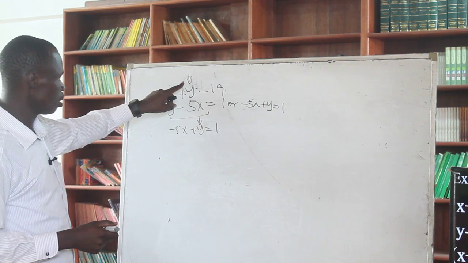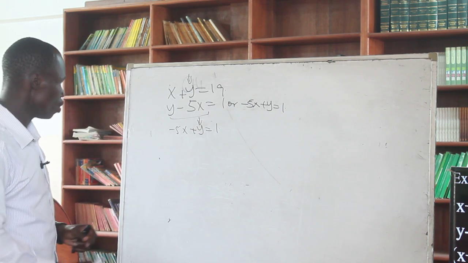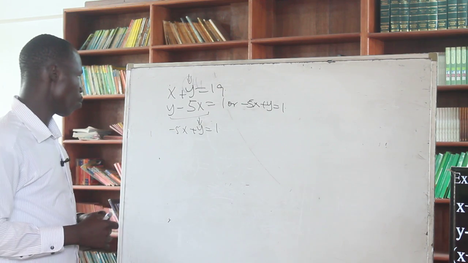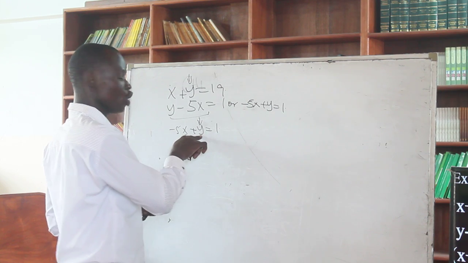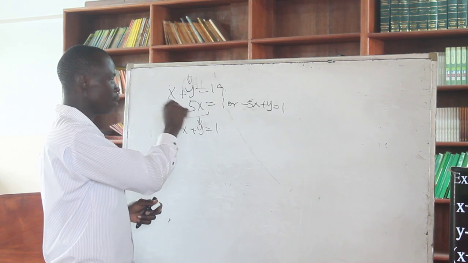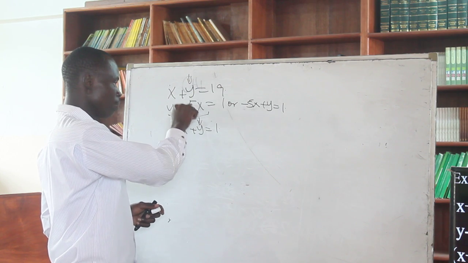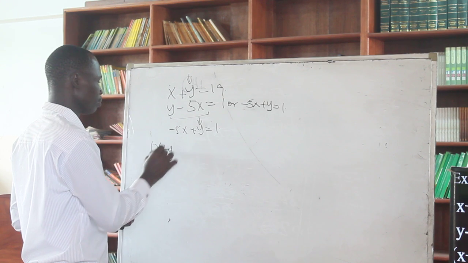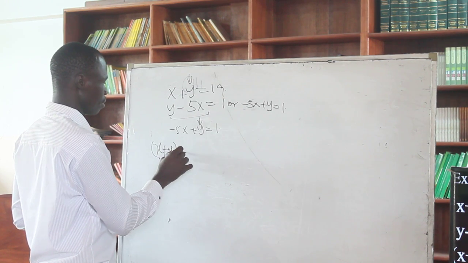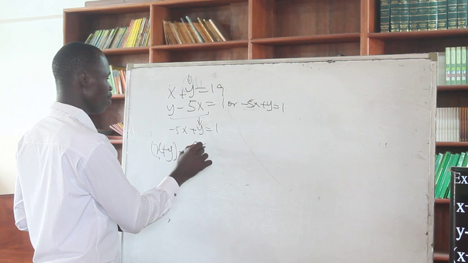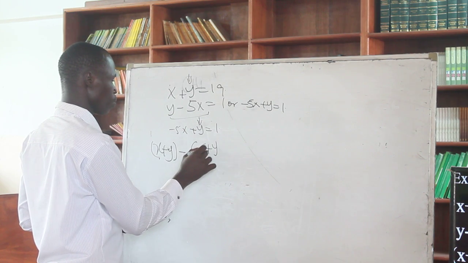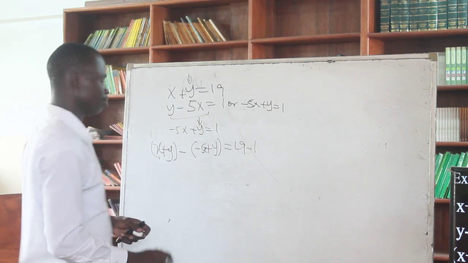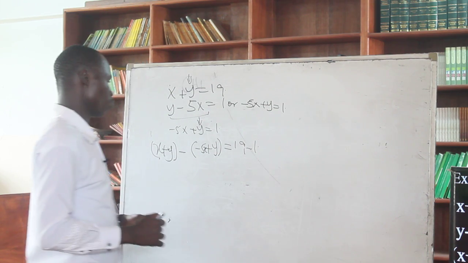Now, you are comparing this and this. You see this is positive y, this is positive y. The only way we can eliminate y is by minus, because if we add, y plus y is 2y. So we are going to minus: x plus y, then minus negative 5x plus y, is equal to 19 minus 1.